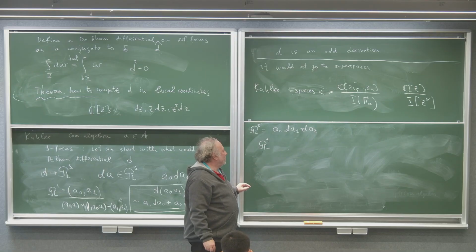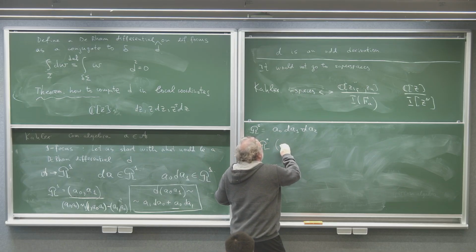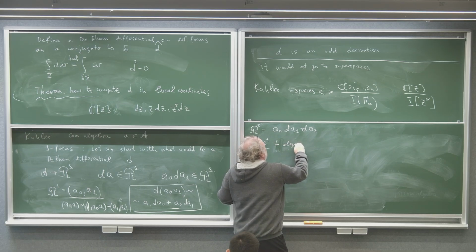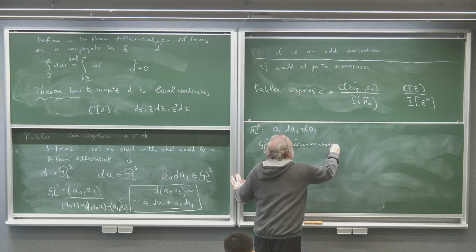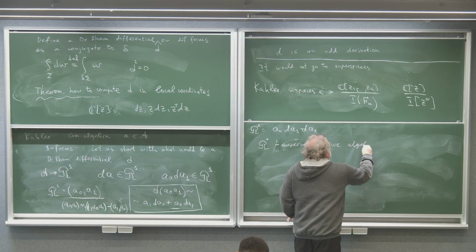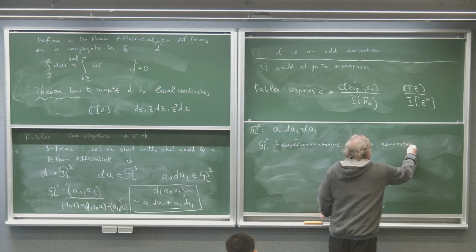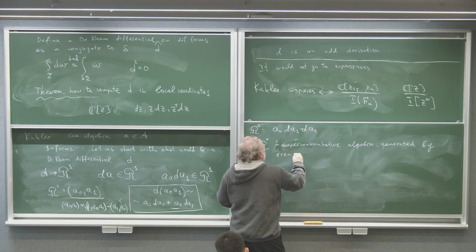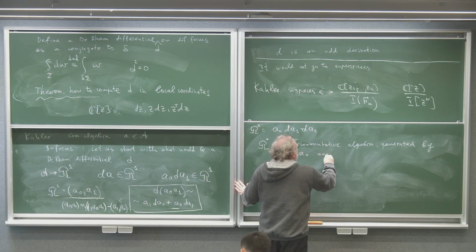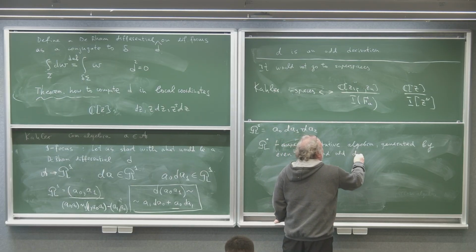What is omega dot? It is a supercommutative algebra, graded by even elements and odd elements.